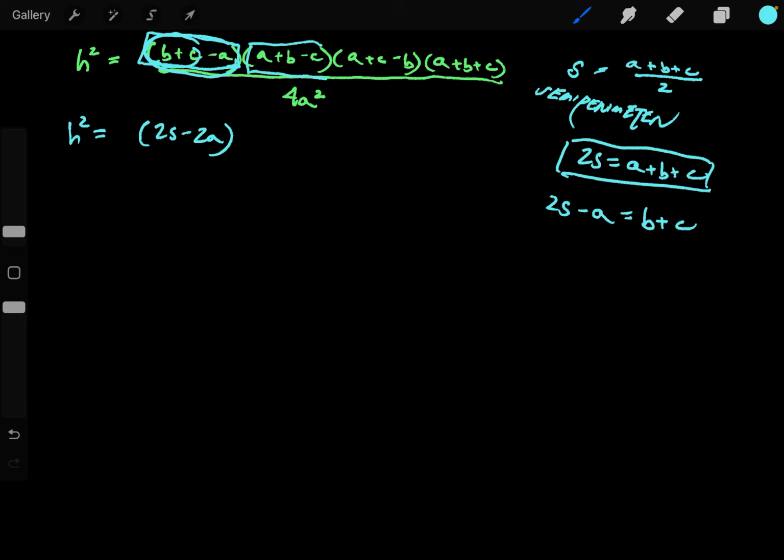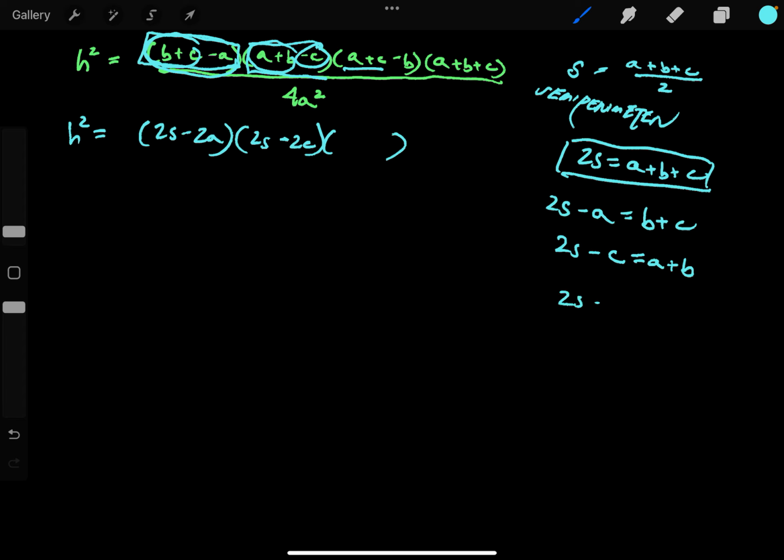So a plus b: 2s minus c is equal to a plus b. Instead of writing a plus b here, I write 2s minus c, but then there's another minus c, it becomes minus 2c. And then instead of a plus c, 2s minus b is equal to a plus c.